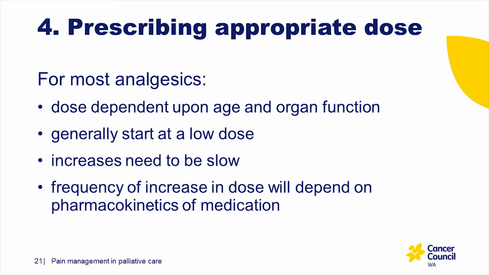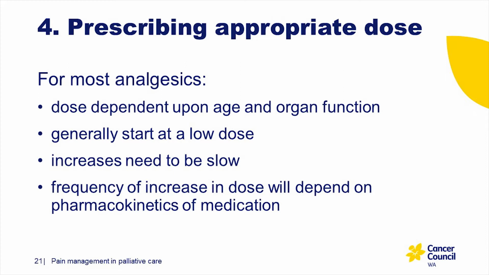So once we've chosen a medication and we've chosen what route is going to be most manageable and appropriate for the patient, we need to determine what dose is going to be safe and effective. For most opioids, the dose is going to be dependent upon the patient's age and upon their organ function. So if they are older, they will generally need a smaller dose of opioid.